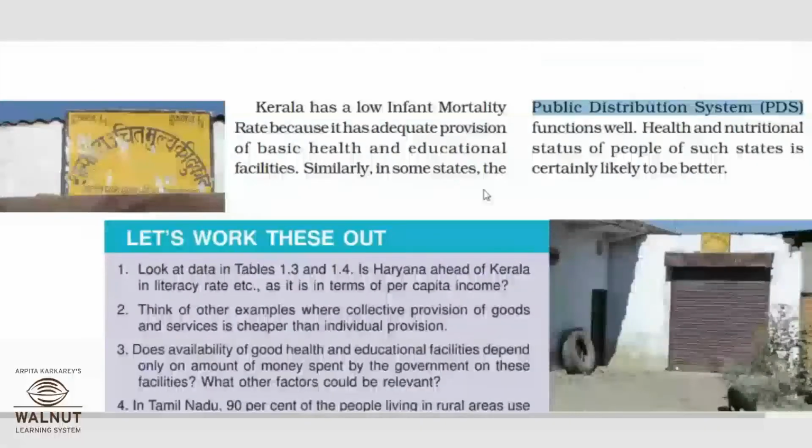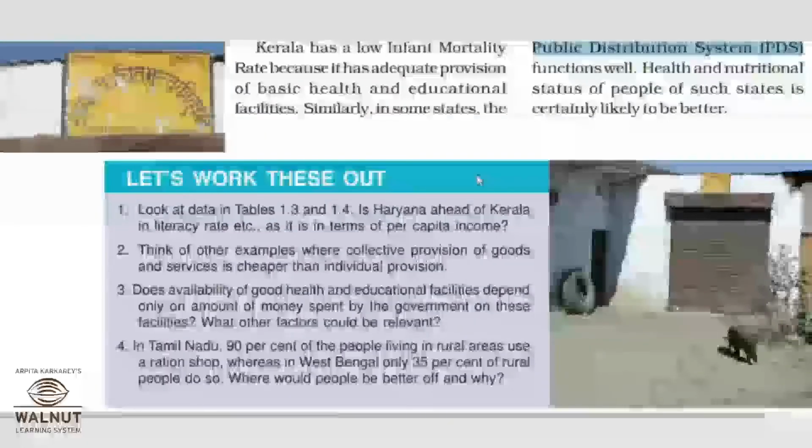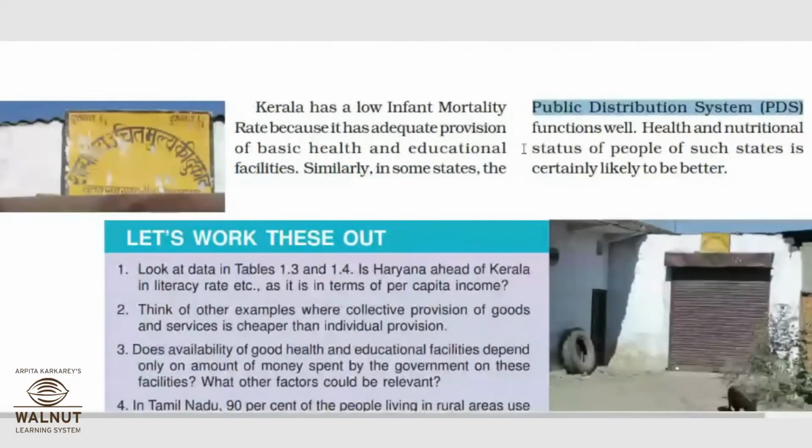Yes. So in what field the development has to be, or that per capita income that your country is earning should be distributed properly amongst what: the public distribution system, or for taking care of health and nutritional status of the people, because a healthy population will contribute to the development of the country, isn't it? If your population is going hungry, if your population doesn't have enough proper nutrition, they don't have proper healthcare facilities, then obviously they are going to be sick.